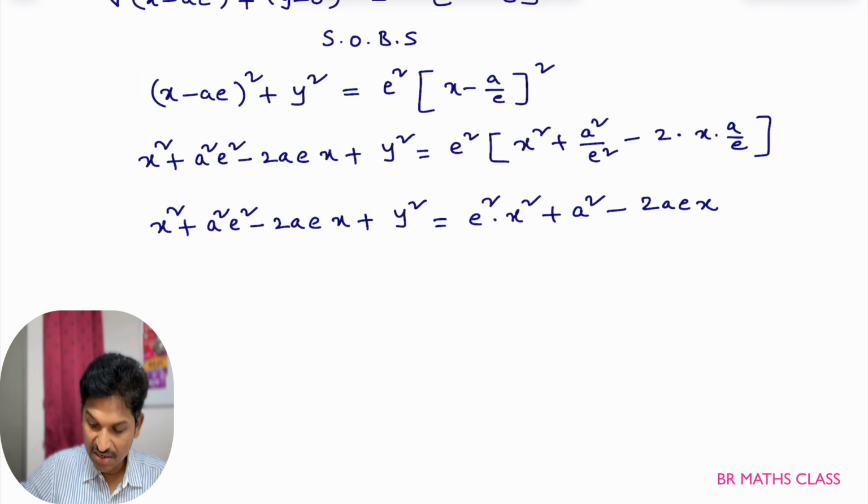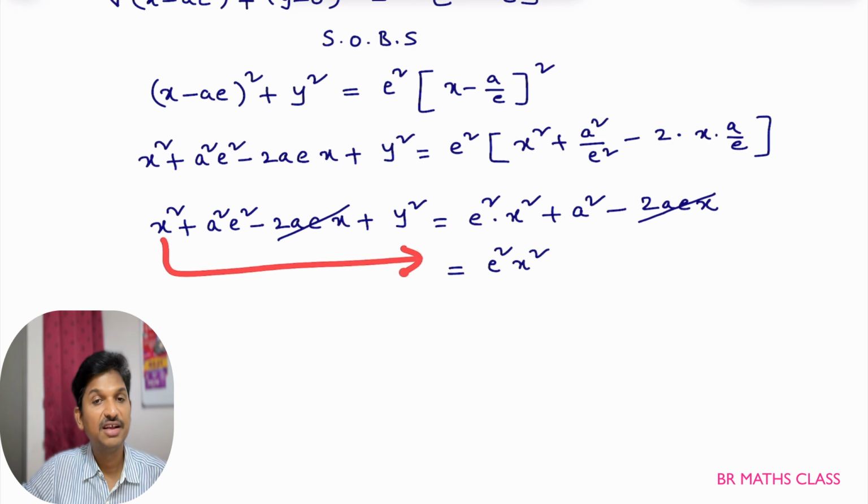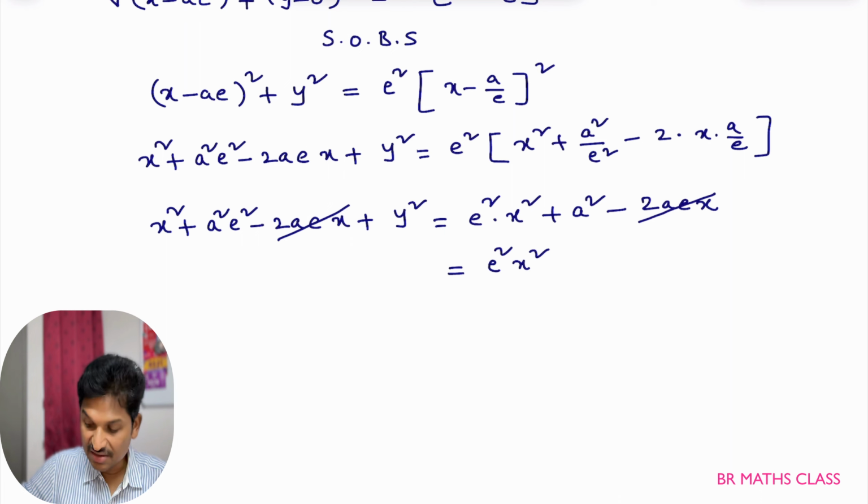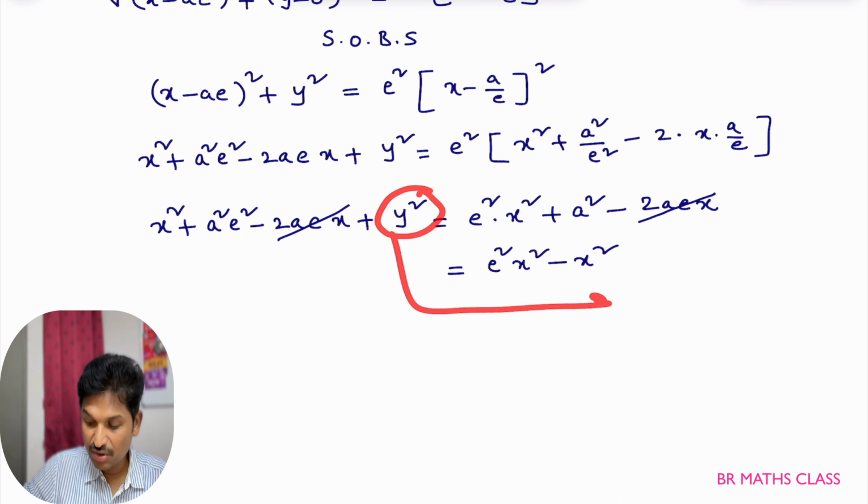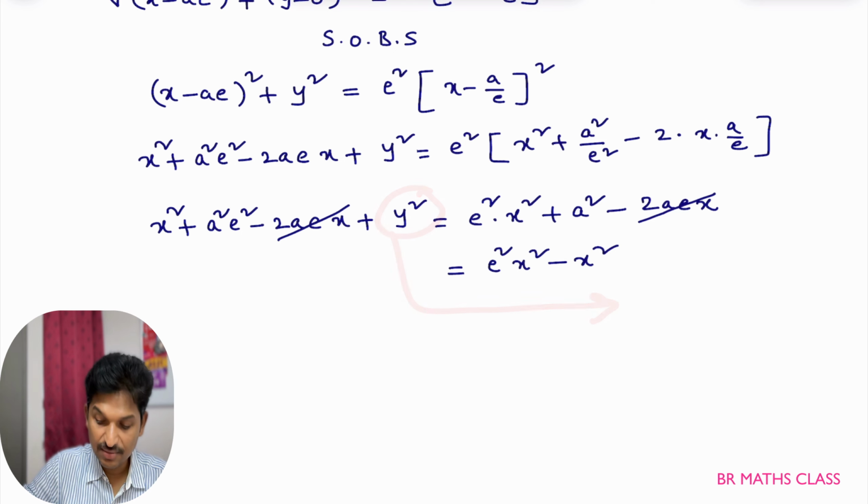Yes, here minus 2aex will get cancelled. I'll make a few changes, please observe carefully. This e square x square, I'll keep it here only. This x square, I'll take it to the right hand side. This is important: this plus x square will become minus x square. Now this y square also, I'll take it to the right hand side. Then this will become minus y square.